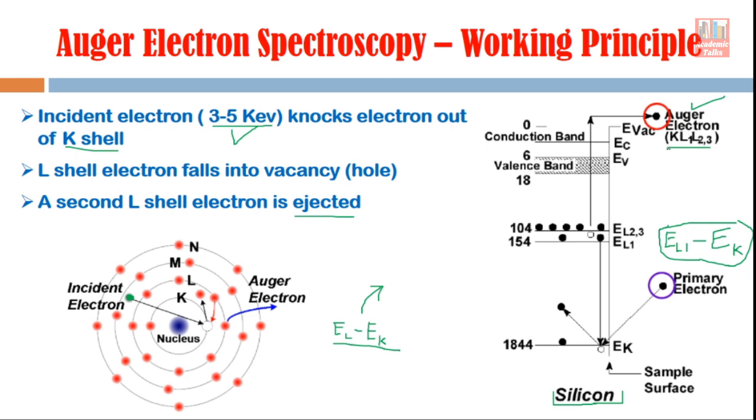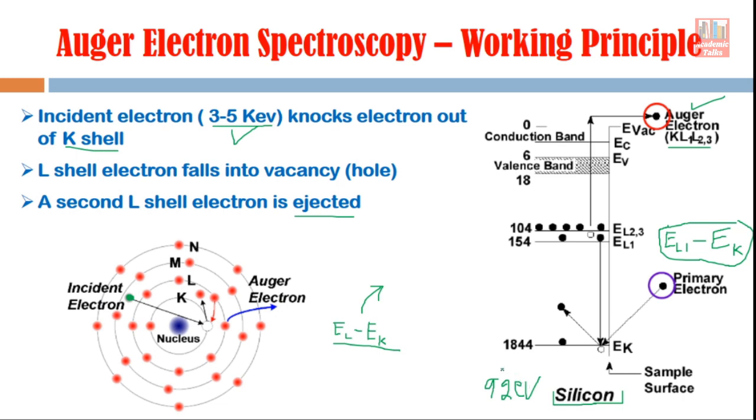That is why this transition is named a KLL transition. And the energy with which this Auger electron has gone out, in the case of silicon, is about 92 electron volt, and this energy is a characteristic feature of silicon, meaning when Auger electrons come out of silicon, they will always have this much energy.